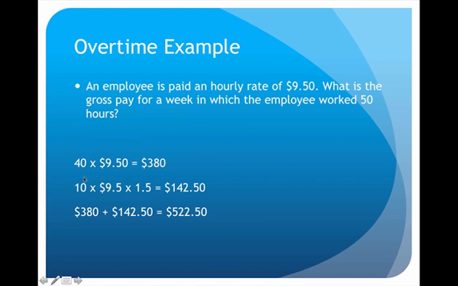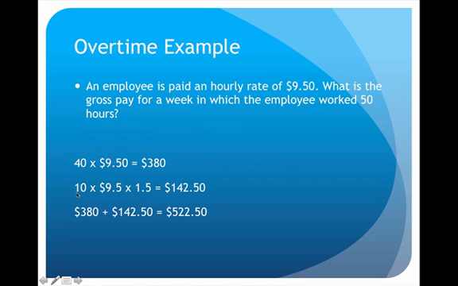So the first step in the calculation is we will just simply take the initial 40 hours that were worked and multiply that by the hourly rate of $9.50. That gives us $380. Then we need to figure out an overtime rate. Well, the overtime rate is going to be based upon 1.5. Now remember, we said that unless we're told otherwise, we assume that they adhere to the bare minimum overtime of 1.5.